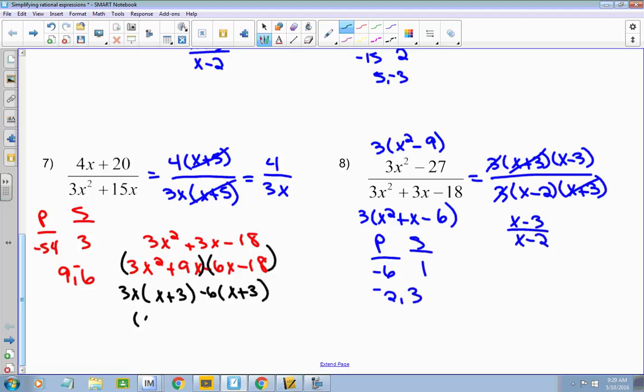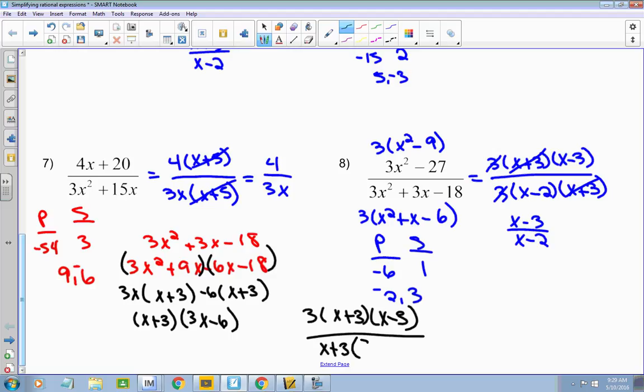There's an x plus 3 common to both, and a 3x minus 6 is what's left over. What do I notice here in this second factor? It has a 3 common. What I would have ended up with is 3 over x plus 3 times x minus 3, and then that would have been over x plus 3 times 3x minus 6.